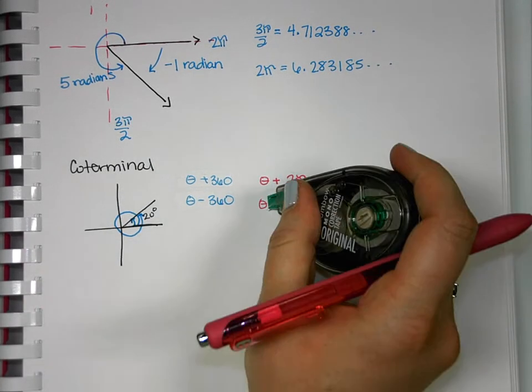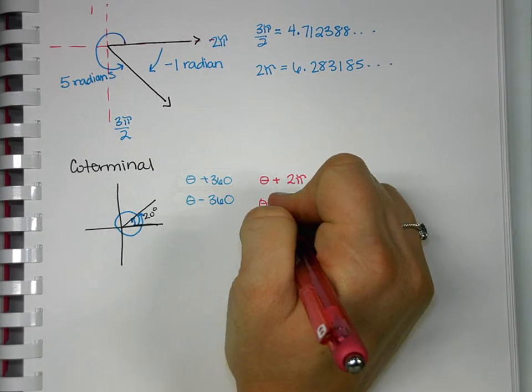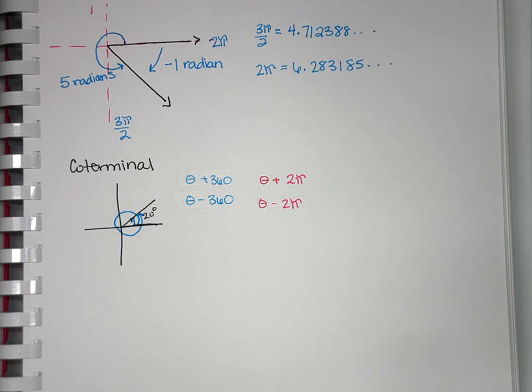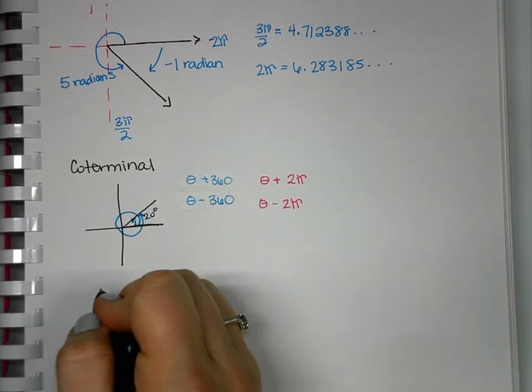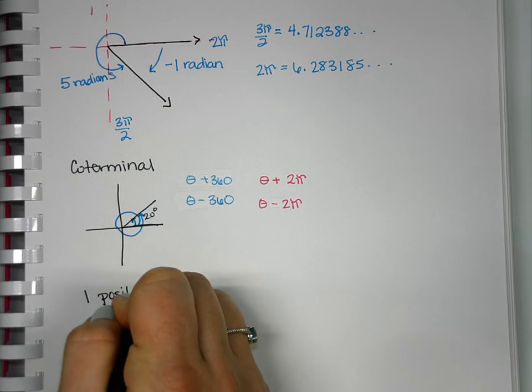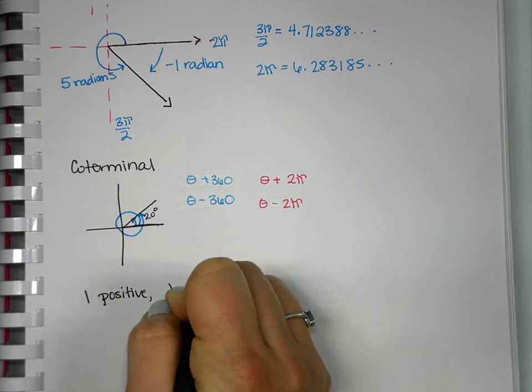And just like in degrees, we can add and subtract 2 pi as many times as we need to find coterminal angles. So like what you did in the degrees, you're going to be asked to find one positive and one negative coterminal angle.